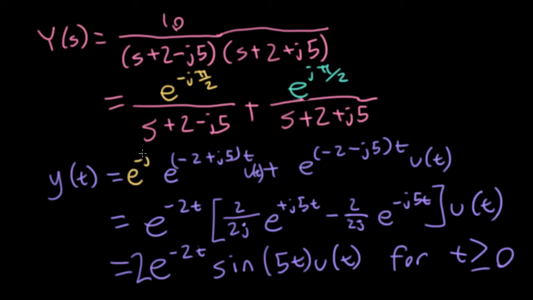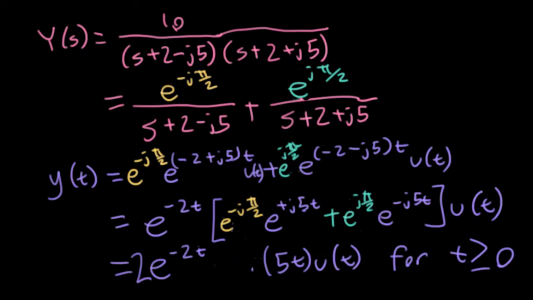This would now be e to the minus j pi over 2. And down here I would have e to the minus j pi over 2. And then I'll have e to the j pi over 2 without the minus sign. And then if I looked at it in this form, I would just remember how to turn these kinds of expressions back into a cosine using the inverse Euler's formula for the cosine.